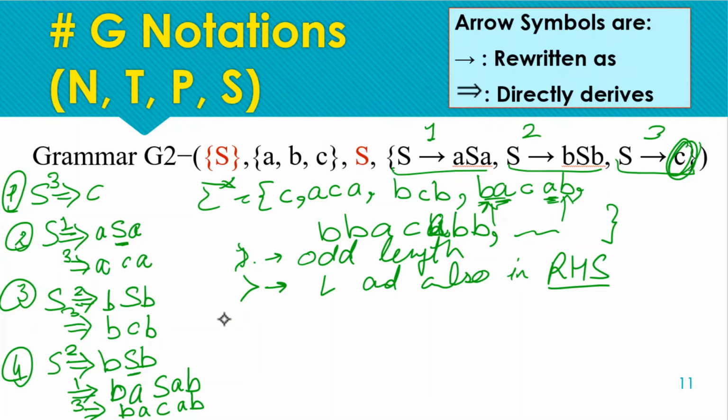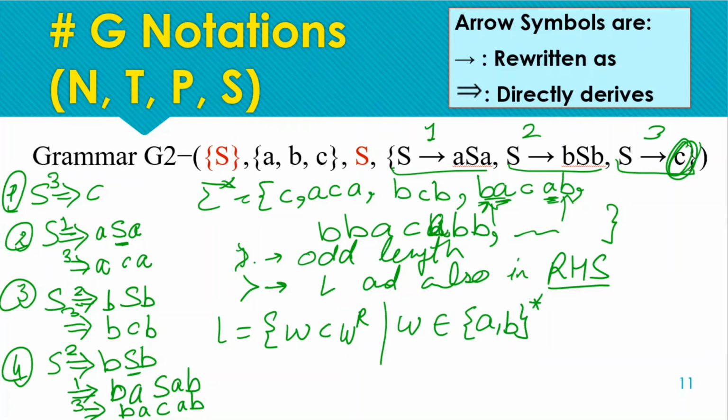So we can simply write the language of the palindrome as W C W reverse, with C as the center symbol, W reverse of W in the second half of the string, and W is a string of A's and B's.